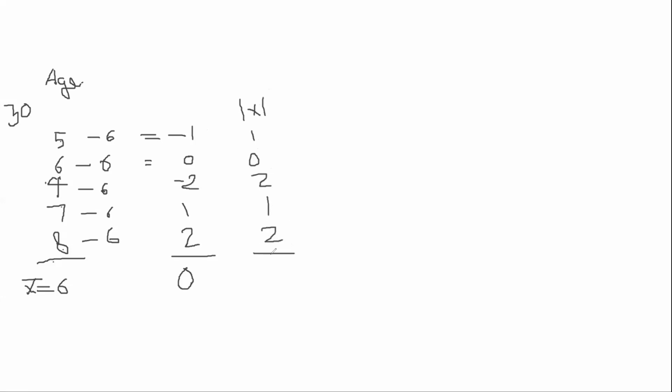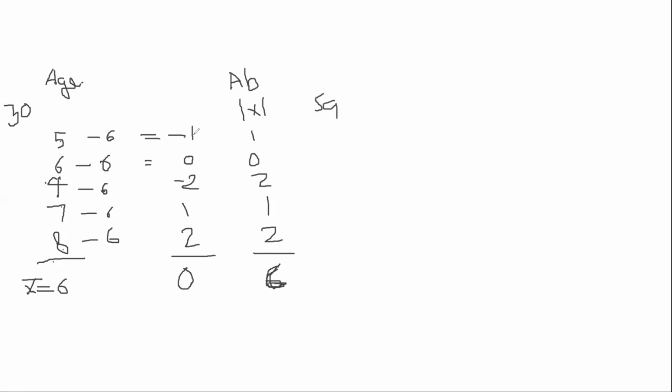What are we going to get here? 6. So I can write it here. We will take care of this later on, because we can understand mean absolute deviation. Now let me do the x squared part, the square of these values.